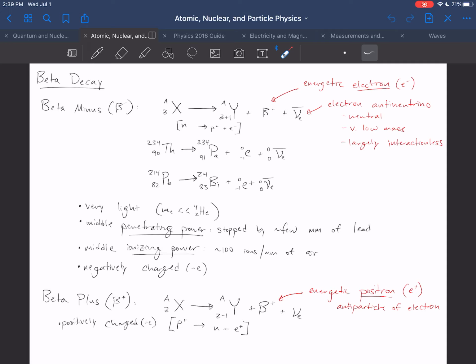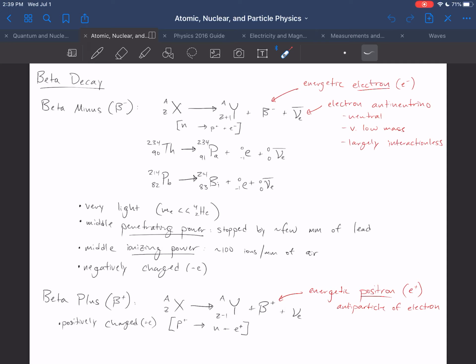Other things to know about the beta particle itself, that is that high energy electron, is that it is very light. The mass of the electron is much, much smaller than the mass of the helium nucleus, that is alpha decay. It has sort of a middle level penetrating power because it's significantly smaller. It's stopped by about a few millimeters of lead.